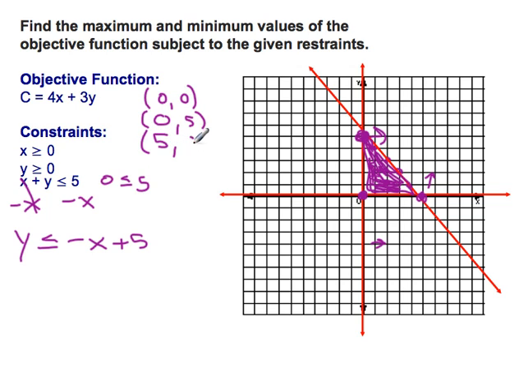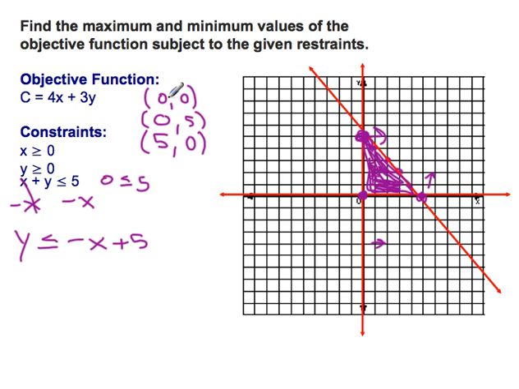Now in order to find out the min and the max, I go to this objective function and I plug each of these points in. My min and max are always going to be on the outermost points, the points of intersection, the corners of the shaded area. That's always going to give me the min and max.